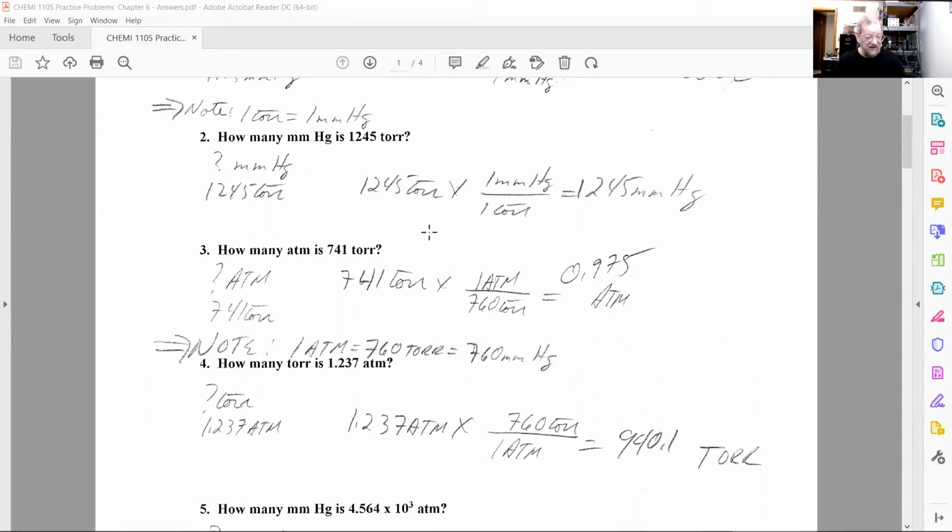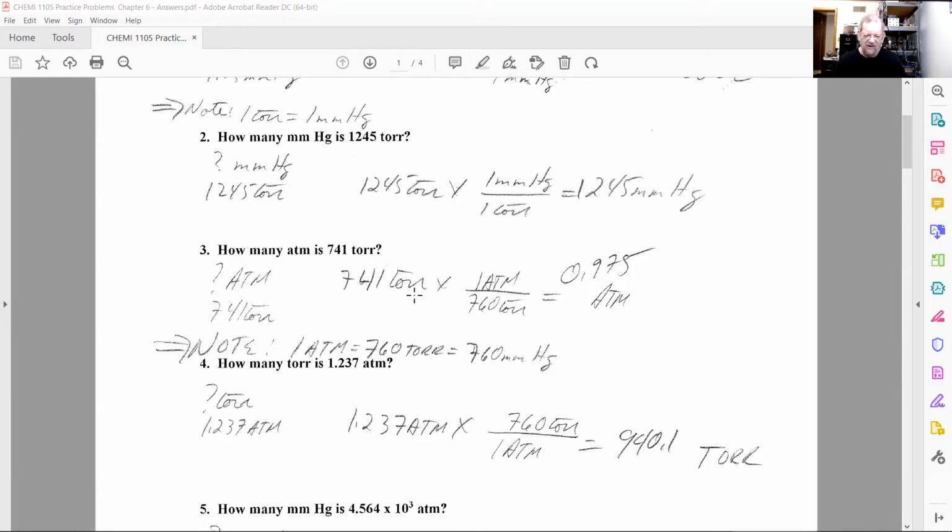Well, how do you proceed? What are we asked to find? Atmospheres. That's what ATM stands for. And you're given the number of torr. This is what you start with, and this is the units you're trying to get to. Using unit analysis, if I have a ratio that I can convert torr to atmospheres, what goes on top of this ratio?